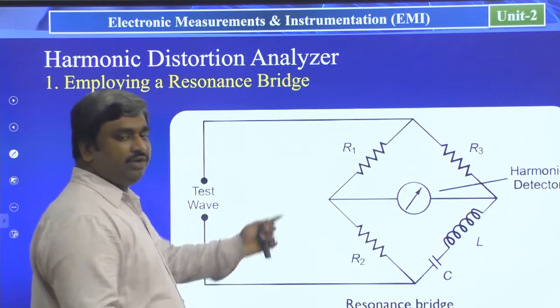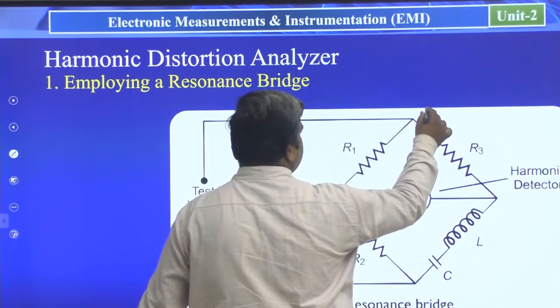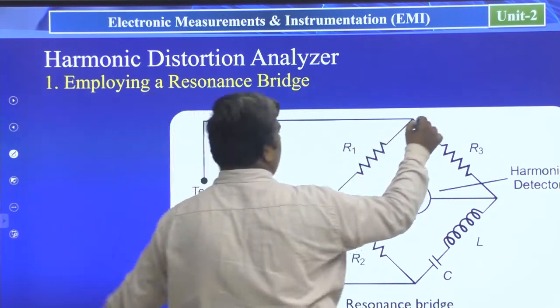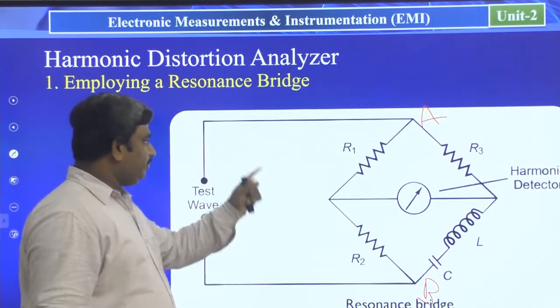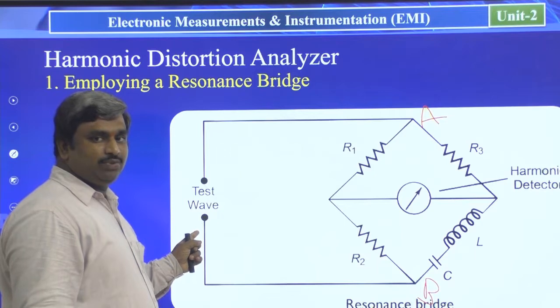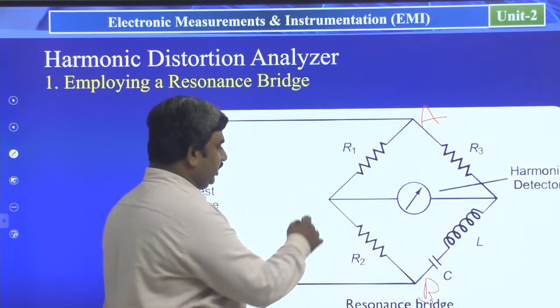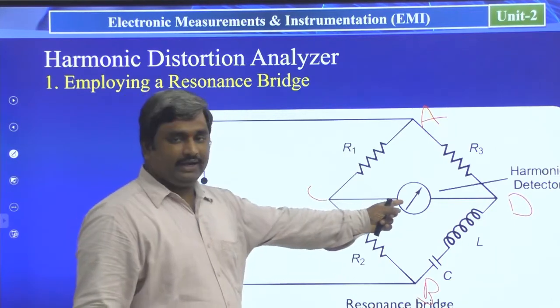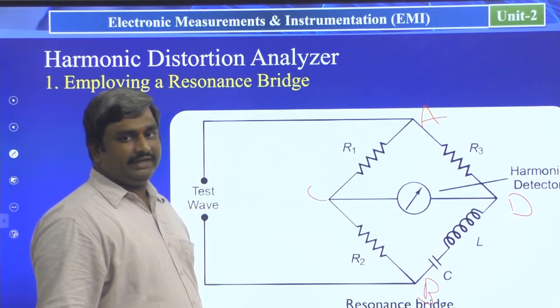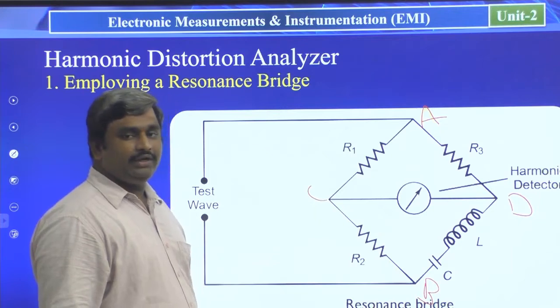Between the terminals A and B, we connect the test wave, and between the remaining two terminals, C and D, we connect a harmonic detector.